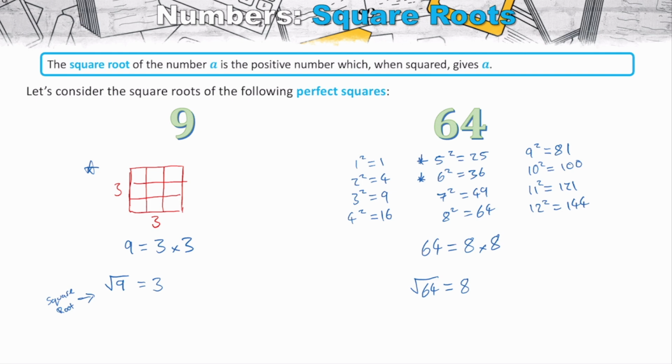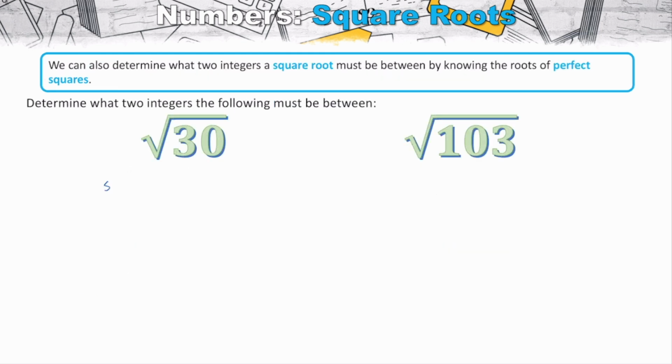However, it has to be somewhere between 5 and 6, simply because 5 squared is equal to 25, 6 squared is equal to 36. It's sort of halfway in between. So we would have to say that the square root of 30 is approximately between 5 and 6. And because it's about halfway, I would actually say it's approximately 5.5.